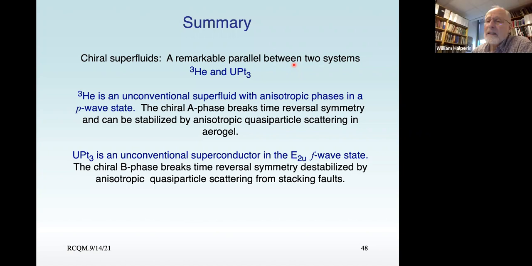So my conjecture is you have these stacking faults where you remove a plane, so you definitely have a defect in the crystal.